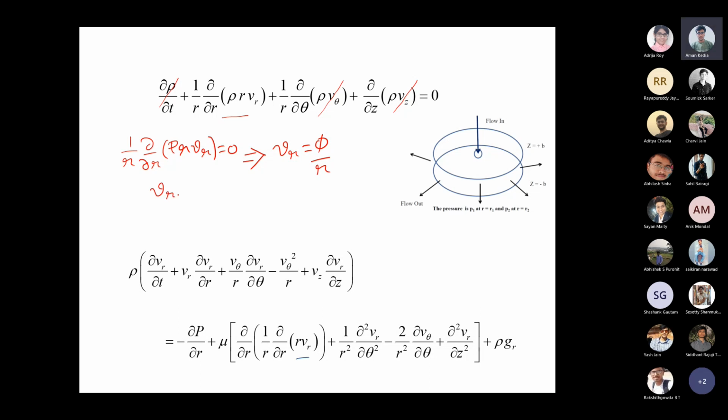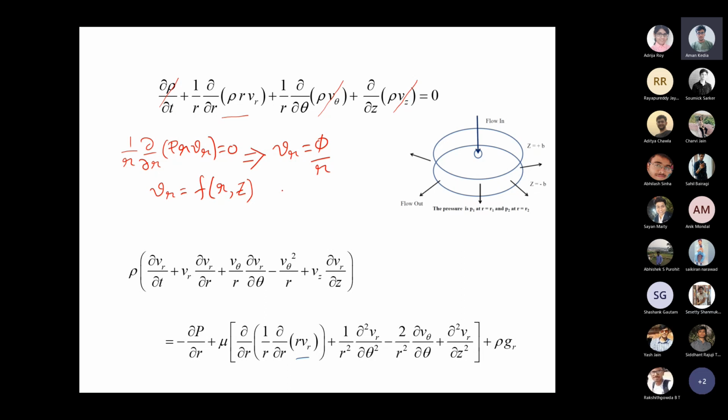From the description of the problem, vr is a function of which one, two, or three directional coordinates, r, theta, and z? This vr is a function of what? R, Z. Okay, both or any one of them? Z and R, obviously there was R, so R and Z.